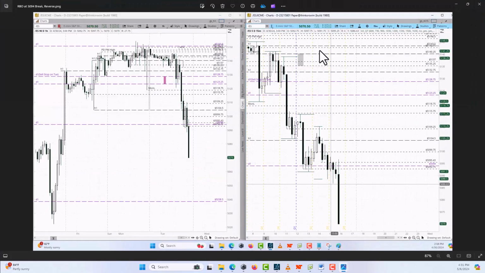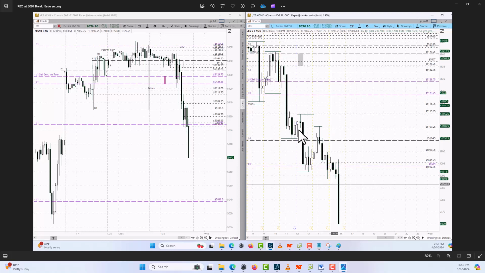Similar right here. Look at the setup again. At this level, you have a break, and you have a reverse right away. By reverse right away, we mean that it closes above that level right away without a retest below. You see, let's say this level 50.99, we have a retest below, retest below, and then break it.